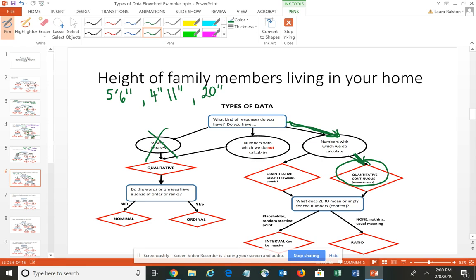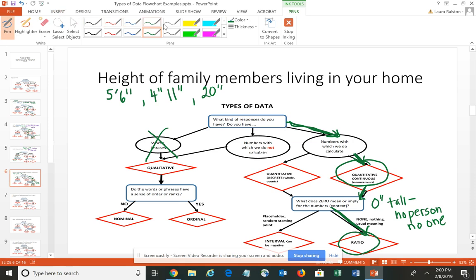And then again, we have to decide what 0 means. What would it mean if we said someone was 0 inches tall? Well, that means you have no person or no one. So that means none. So you would have ratio.